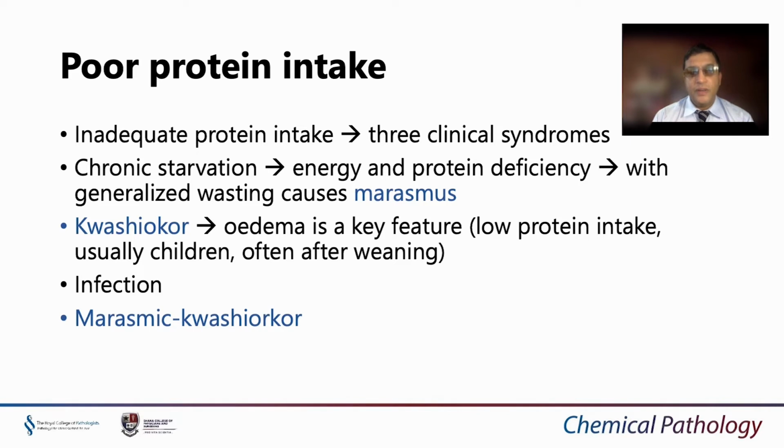So when children move on to diets that are unbalanced with low protein, for example, a predominance of corn-based nutrition. Kwashiorkor is usually accompanied by extreme infection, and this makes the children further unwell.